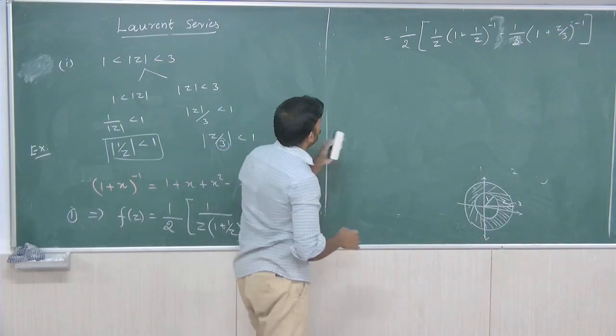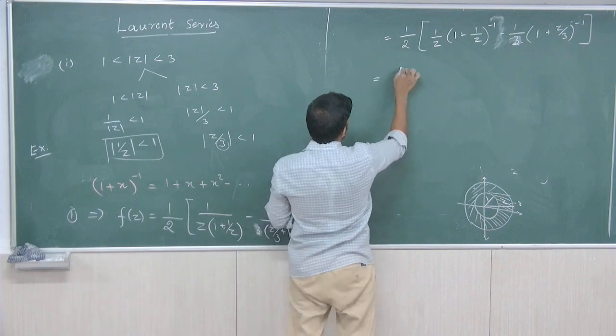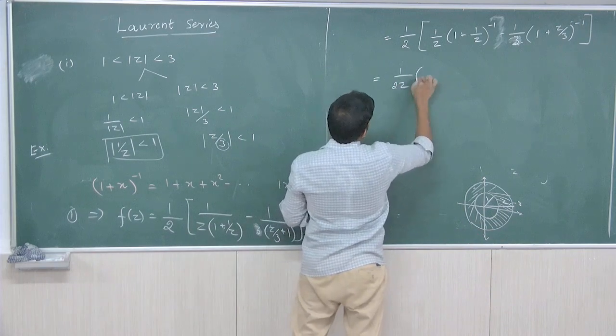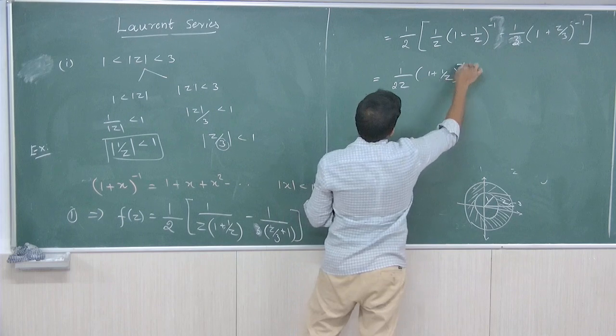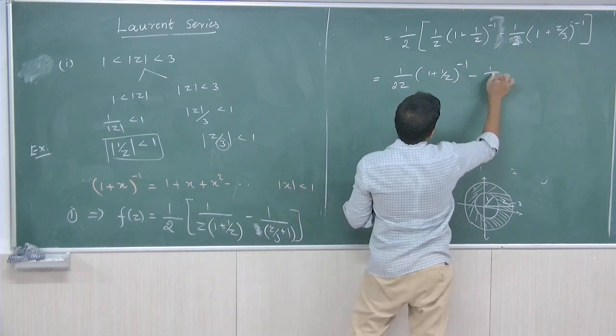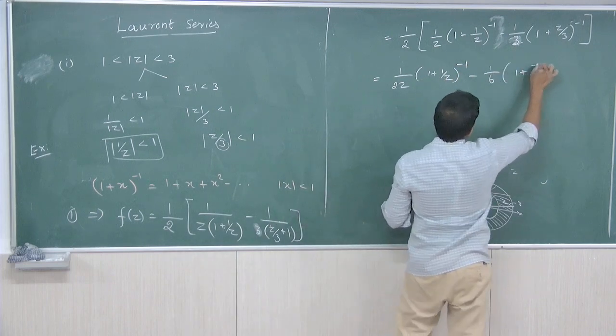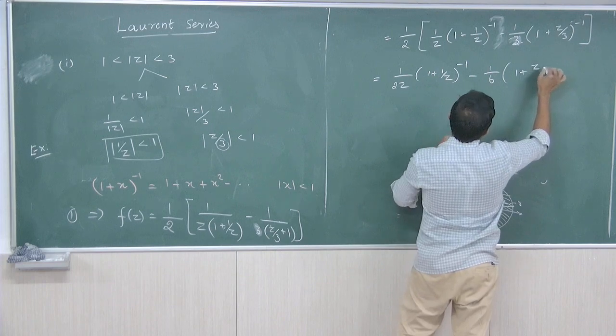Now I am going to rewrite this term as 1 by 2z, 1 plus 1 by z whole power minus 1, minus 1 by 6, 1 by 1 plus z by 3 whole power minus 1.